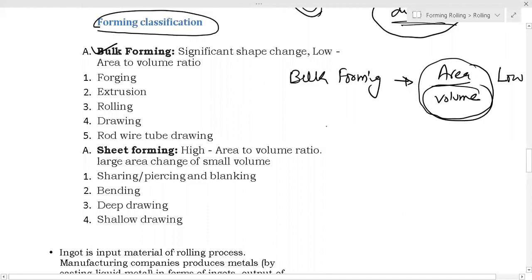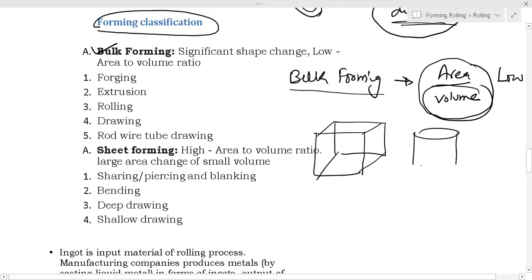Okay, fine. So I'm talking about the bulk forming process. Suppose this is one cube, or one is a cylinder, or we call it a very thin sheet.